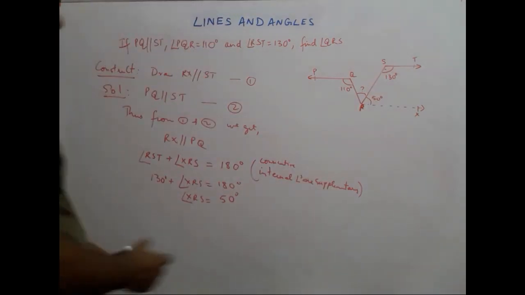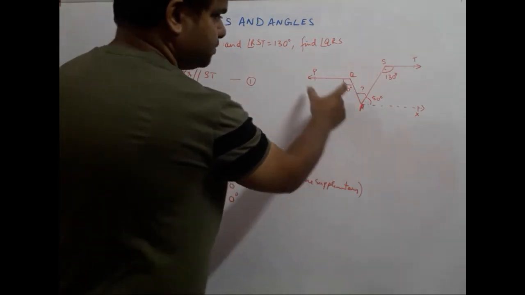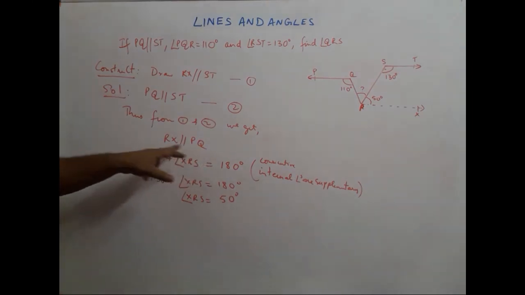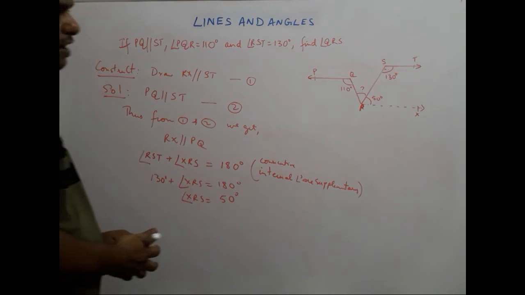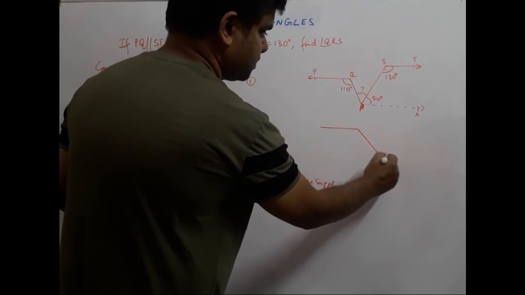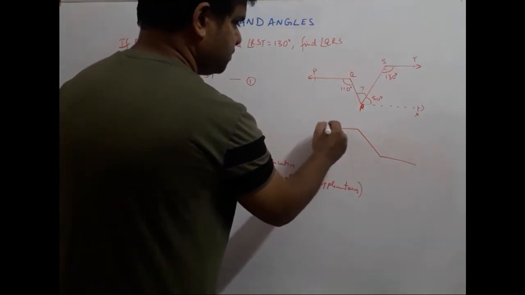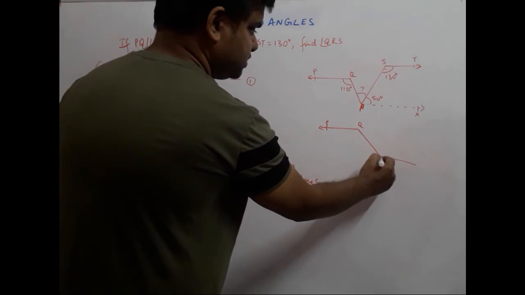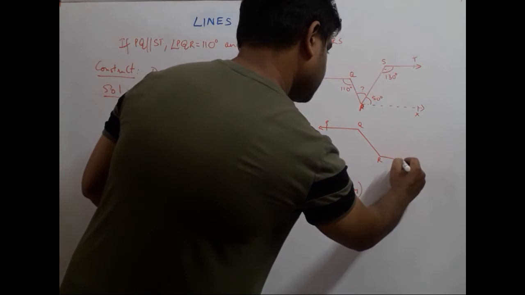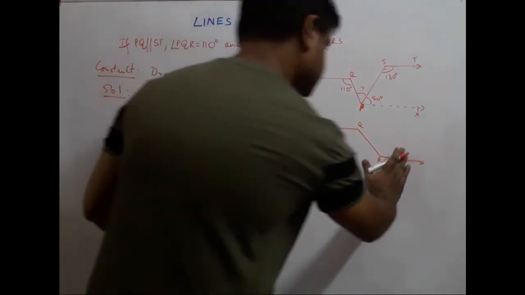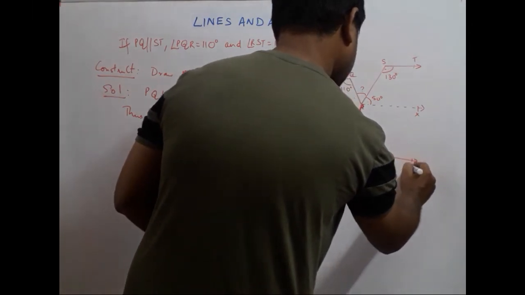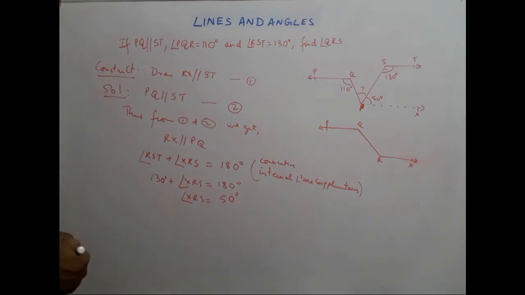Now look at PQ and RX. PQ also is parallel to RX. So have a look at this particular angle. I'll just draw them separately. This is your P and Q over here, this is your R. This is what I'm trying to point out.